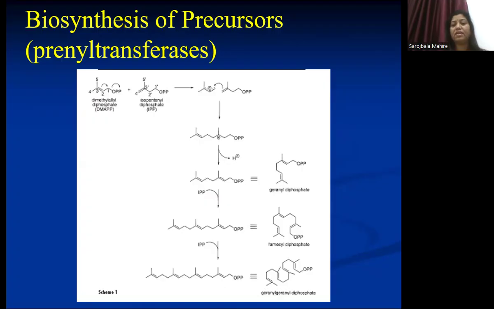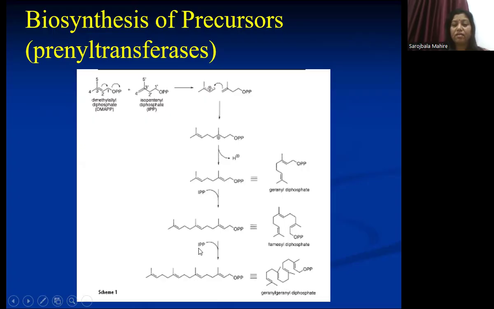The first step is this condensation reaction here. One common molecule is formed, with the loss of H plus, so this can form first the geranyl diphosphate. In geranyl diphosphate, again this reaction is with another IDP molecule. In this step, one IDP unit is added, and that gives the farnesyl diphosphate.